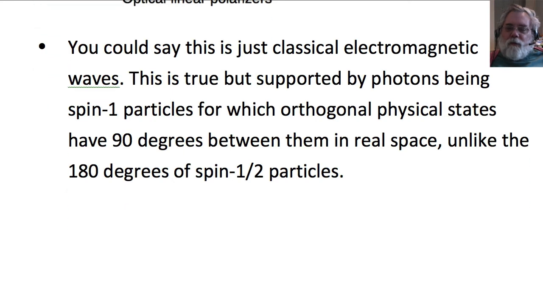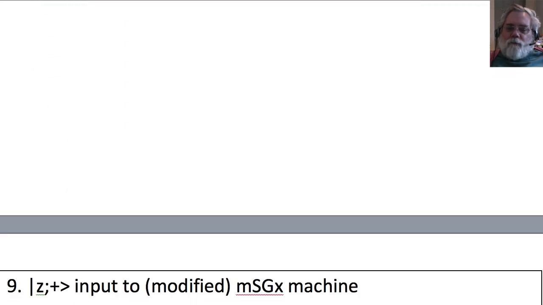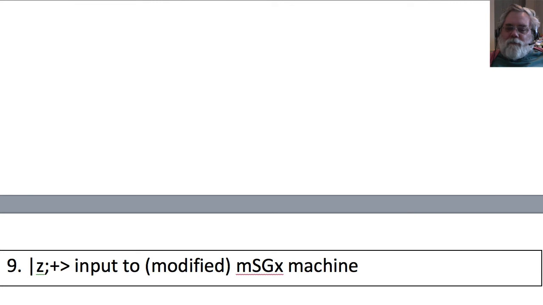So it's an equivalent related experiment. The angles are different, but it's a related experiment to show that you do get something from nothing, and it's because these are 2-state systems, 2 basis vectors.